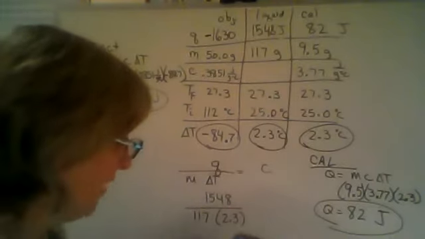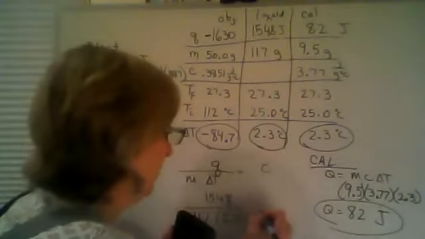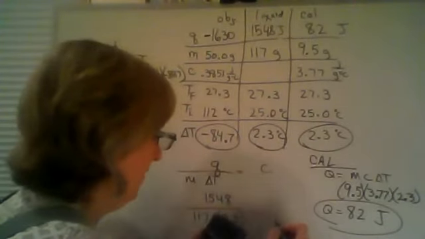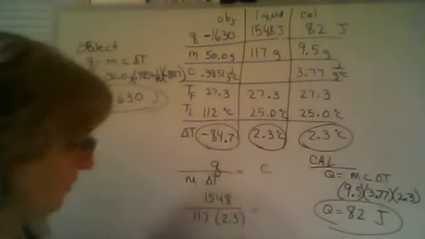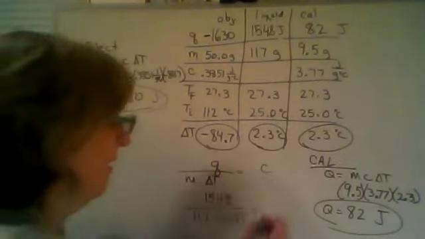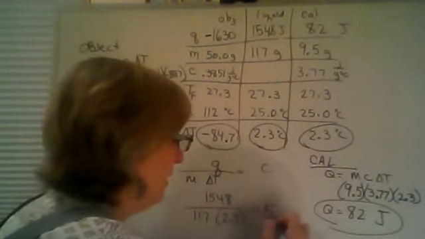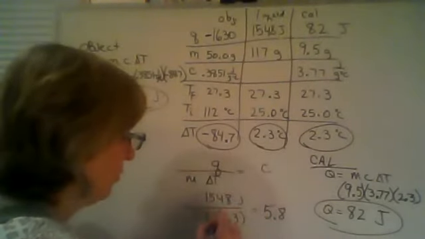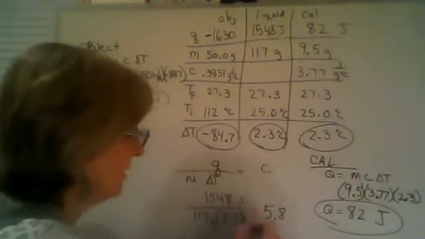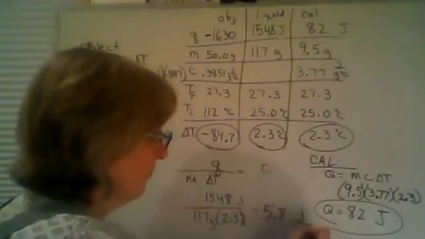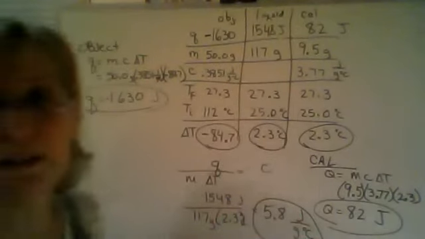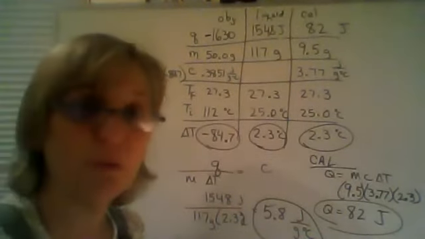And we end up with 5.75. And we have two significant figures, so we're going to say 5.8 joules per gram degree Celsius, which is the specific heat of our unknown liquid.